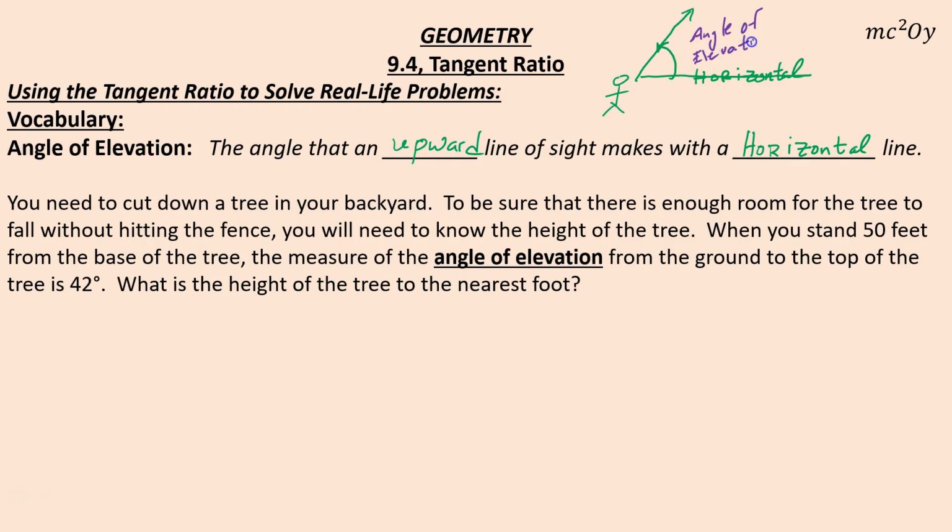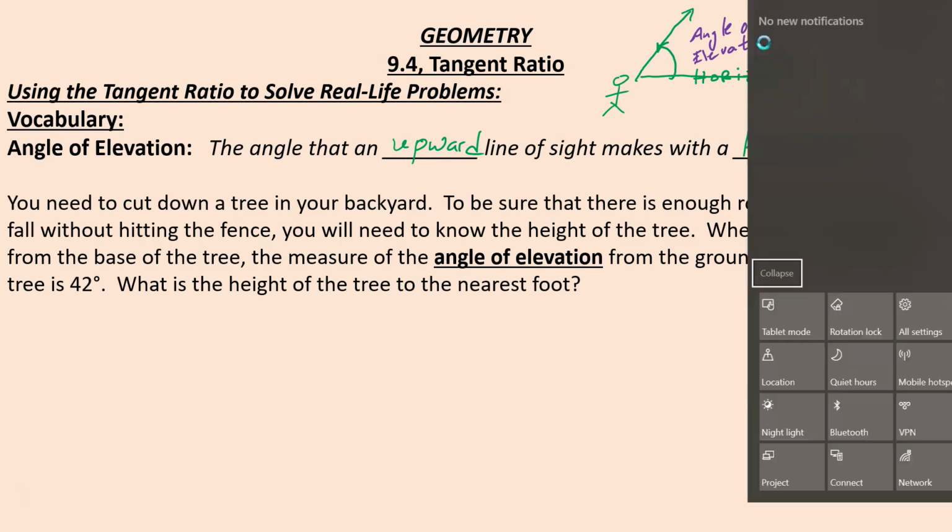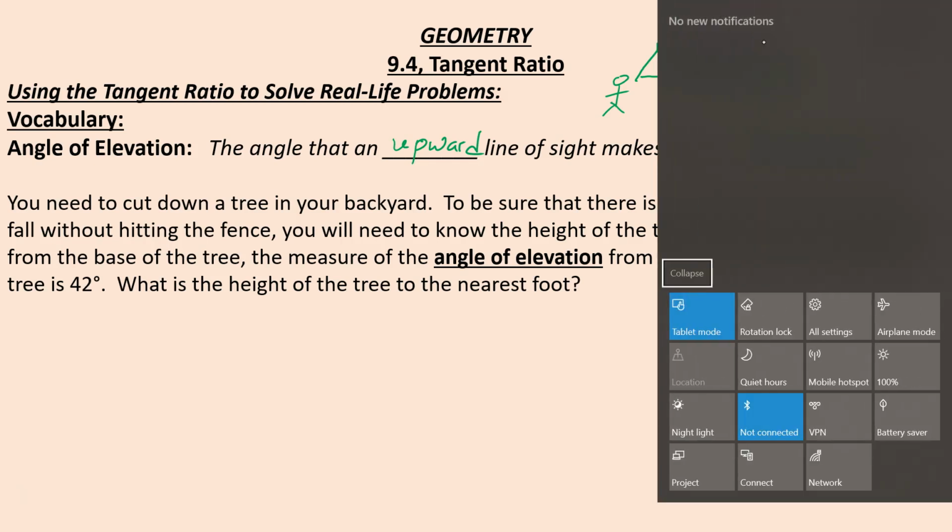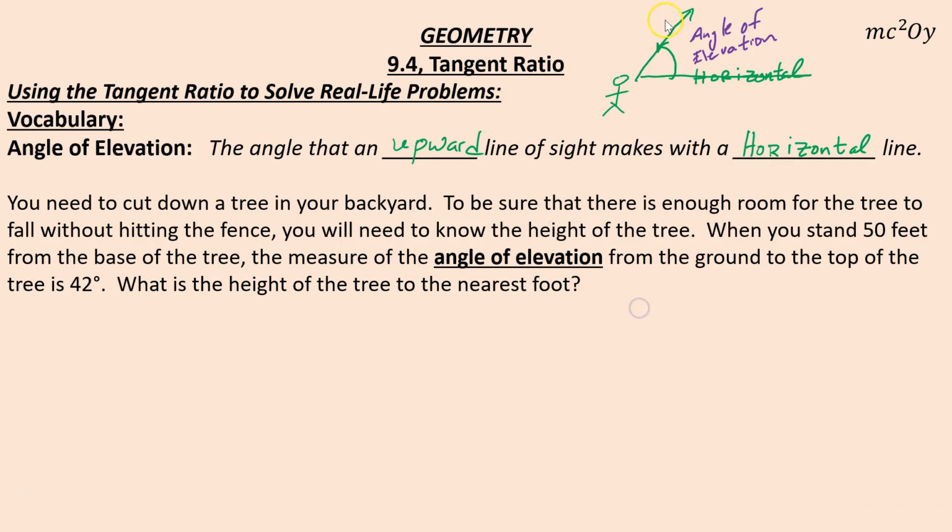If you were looking down, by the way, which is in our next lesson, that would be called an angle of depression. But when you're looking up from your horizontal line, that's an angle of elevation.